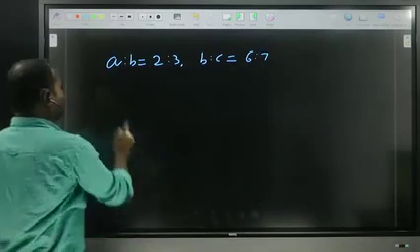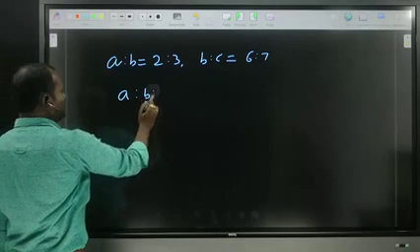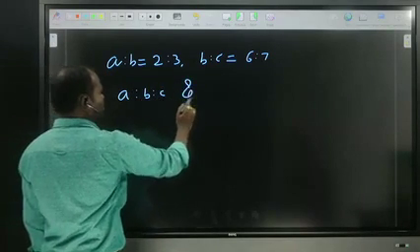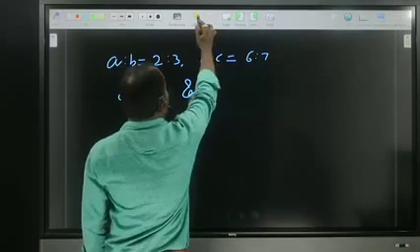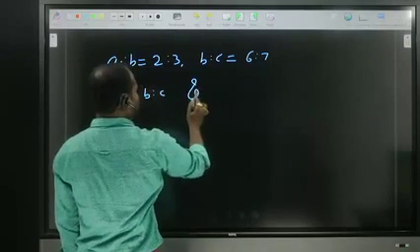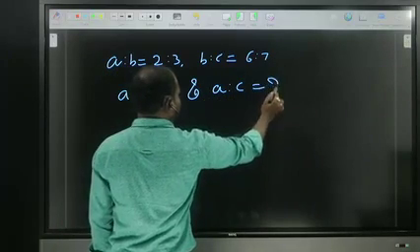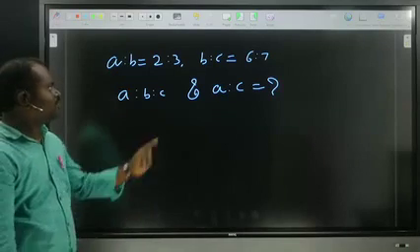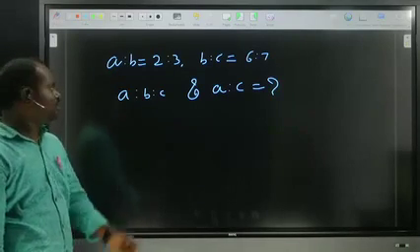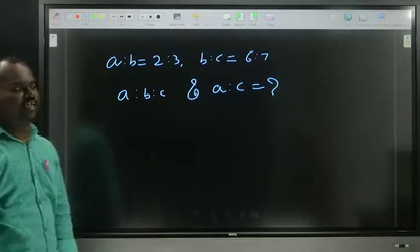Now tell me, what is the ratio of A is to B is to C, and what is the ratio of A is to C? Tell me the answer for both.